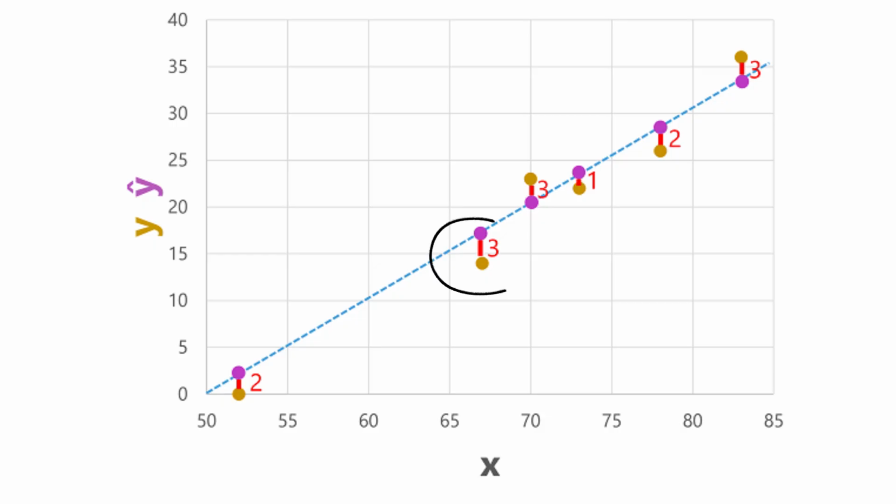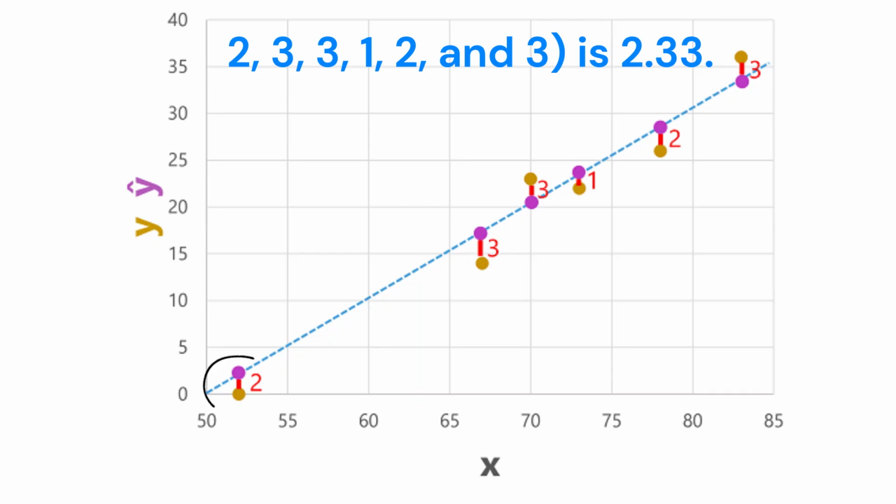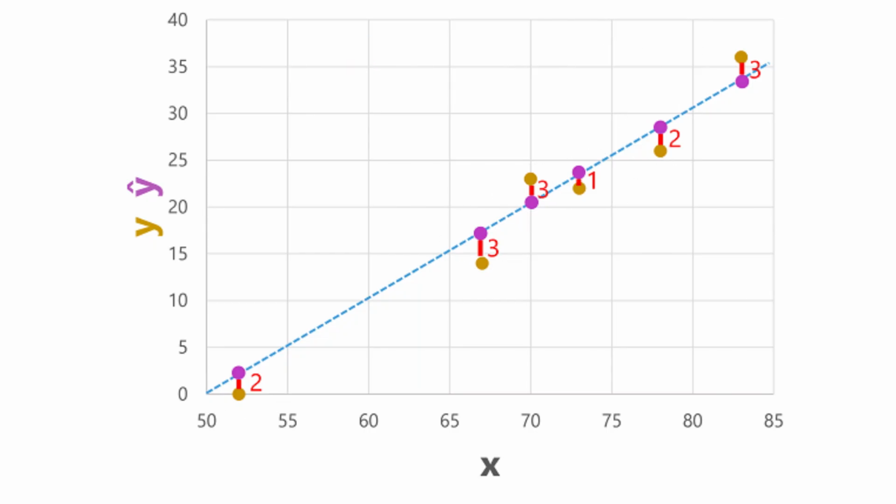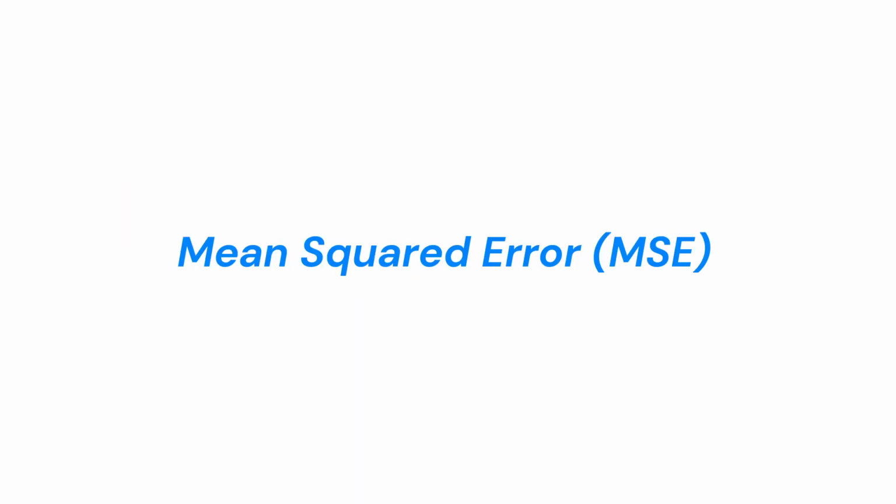So, for example, -3 and +3 both indicate a variance of 3. This metric is known as the absolute error for each prediction and can be summarized for the whole validation set as the mean absolute error, MAE. In the ice cream example, the mean average of the absolute errors, 2, 3, 3, 1, 2, and 3, is 2.33.